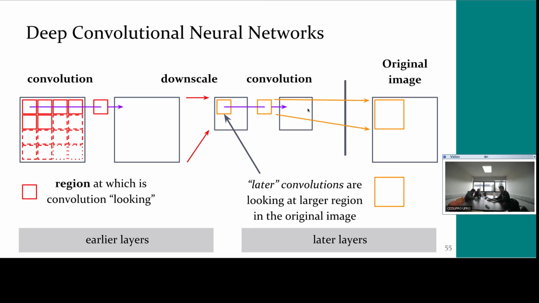It is actually looking at a much larger area. Because of the downscaling, all the information here in this small area is roughly this bigger box. So the fact that we continue with convolution, downscaling, convolution, downscaling means that the later convolutions, if you calculate it all the way back, are actually looking at a much larger area.